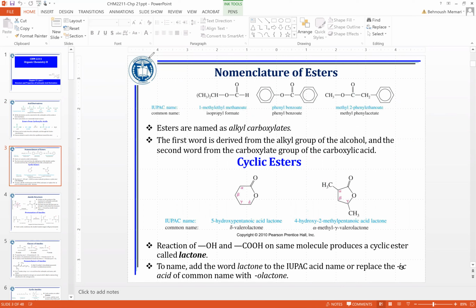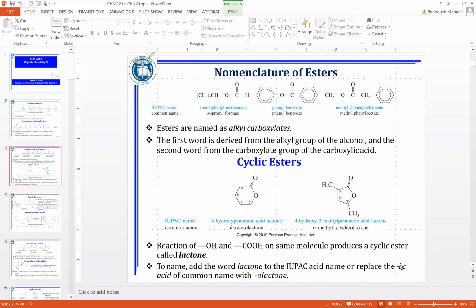For each of the acid derivatives, we just want to know the structure, how to prepare these compounds, nomenclature, and some of the reactions. Because you have five different groups covered under one chapter, it's not going to be a lot in detail, but at least you get an idea about how to prepare these compounds and some of their reactions.